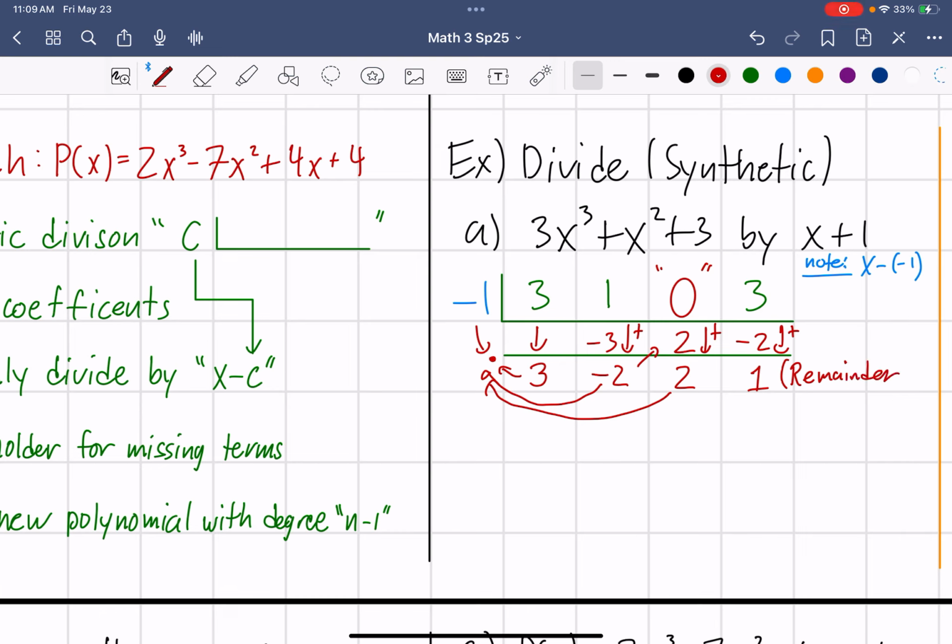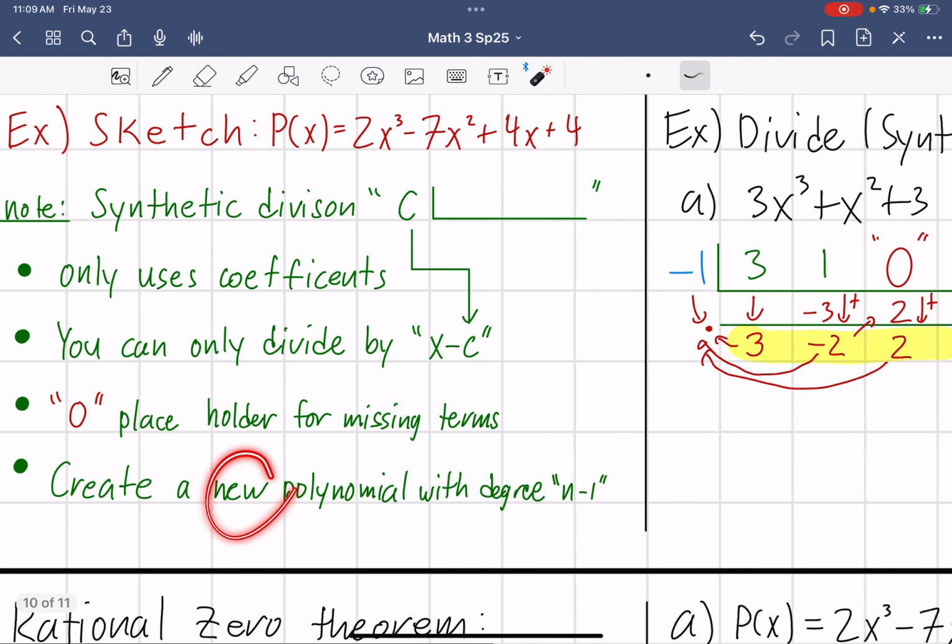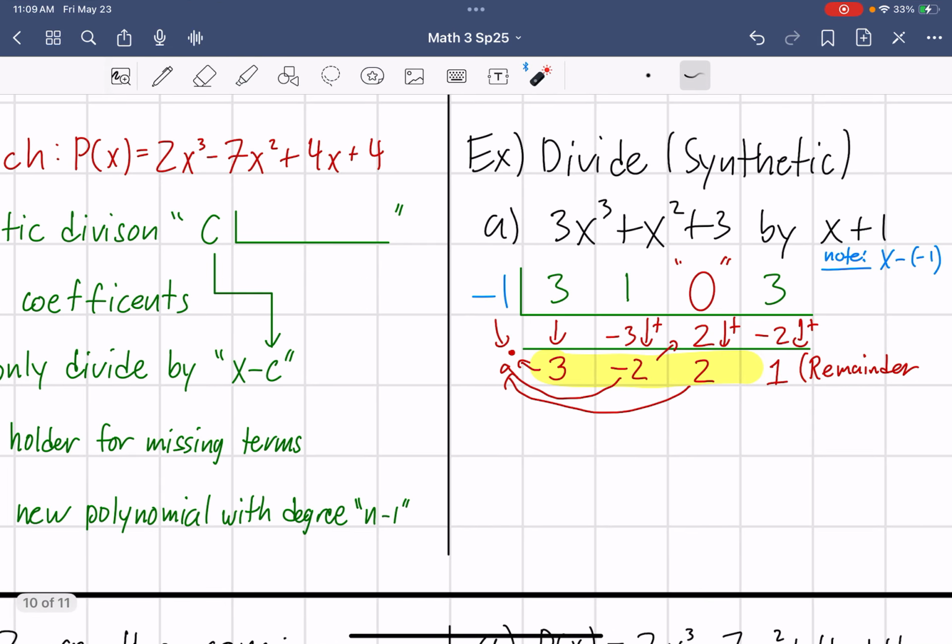But like I said, this is a new quotient. So if we had a degree 3, that leaves us with a new polynomial with degree n minus 1. So that's going to be 3x squared minus 2x plus 2.